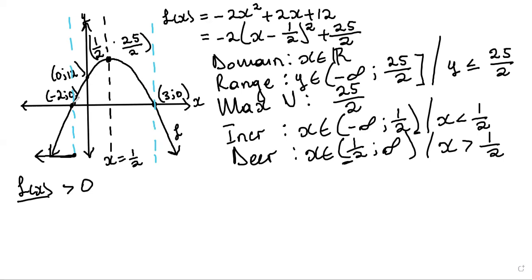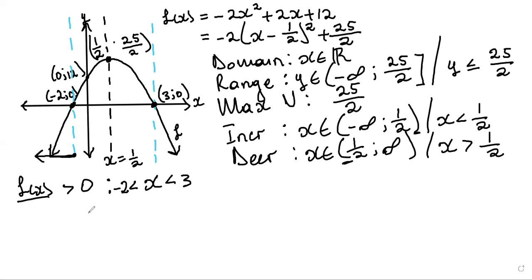But if you look at the interval between -2 and 3 there, you can see that the values of y are positive because the graph is above the x-axis. So that's exactly what we are looking for. So to answer them, you'll tell them that the values of y are going to be positive where x is less than 3, but greater than -2, like that.